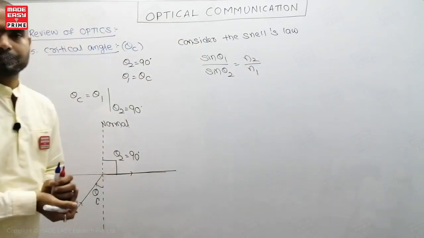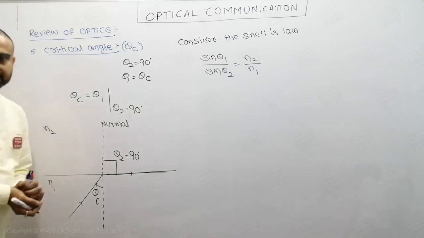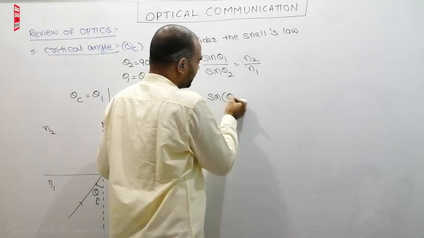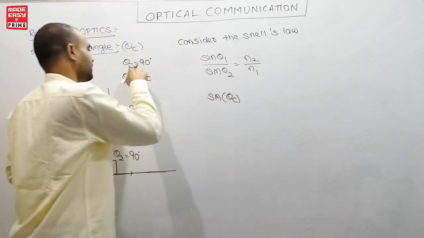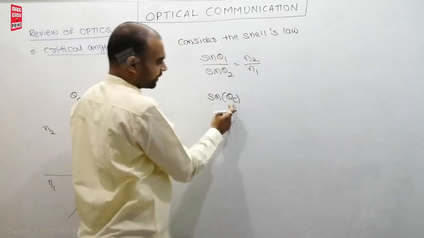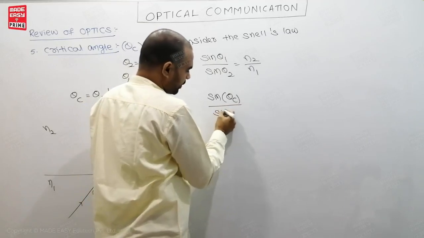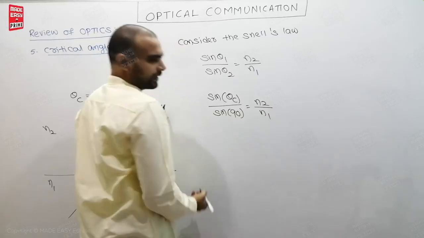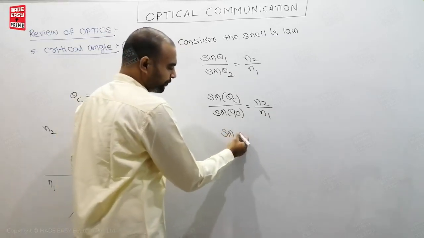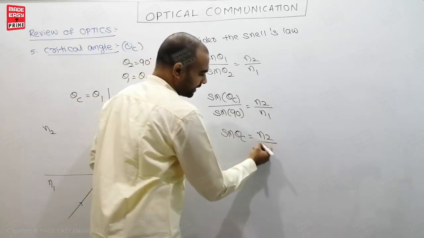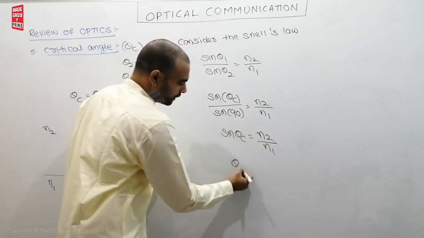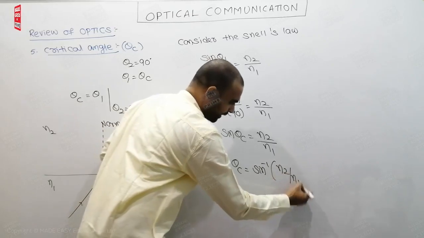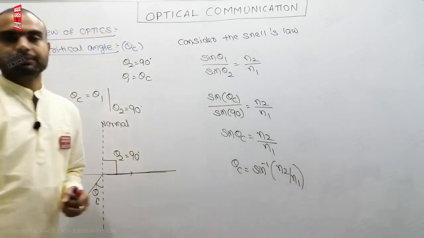Now we can put theta 2 equal to 90 degrees, then theta 1 becomes theta c. That is equal to n2 upon n1, and sin 90 is 1. Therefore sin theta c is equal to n2 by n1. So theta c is equal to sin inverse of n2 by n1.